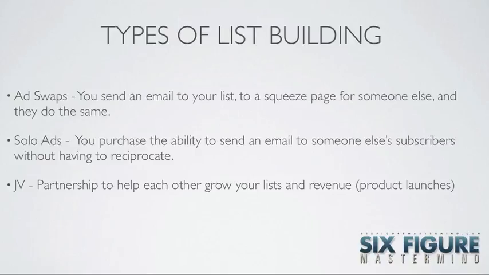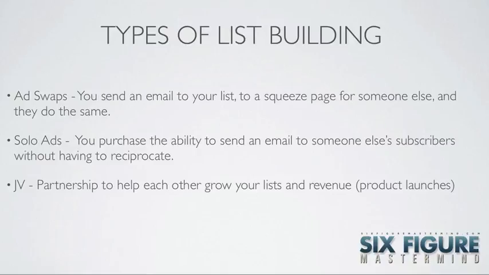So they give you some email swipe copy to send to your list, and you do the same thing. You give them an email to send to their list, and usually it goes to a squeeze page, and that way, you guys are almost trading leads or trading subscribers just to try to get them on your list. So this is a really good strategy for trying to leverage other people's lists and vice versa.